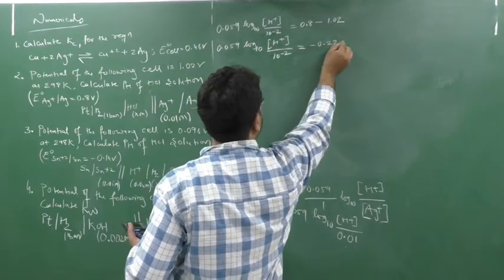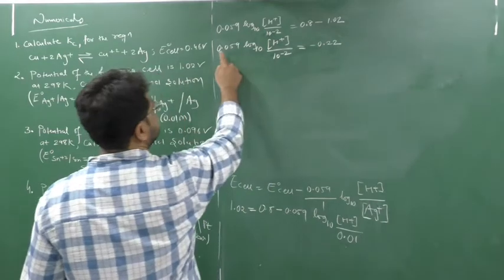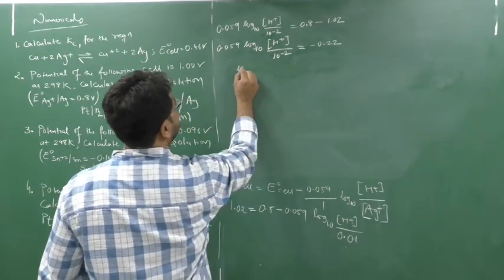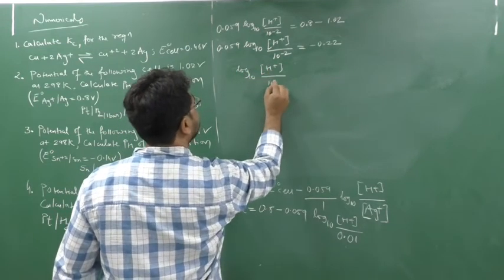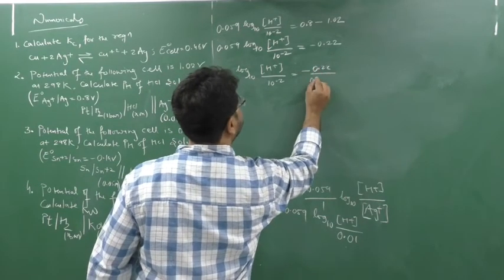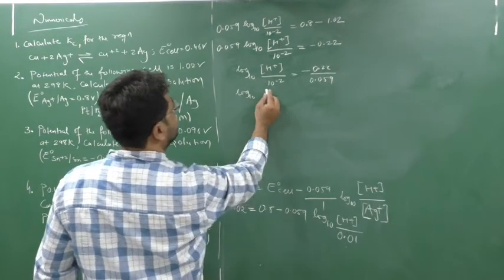Minus 0.22. Now, because this 0.059 is multiplied here, I will divide by this number. So I get log to the base 10 of the concentration of H plus upon 10 to the power minus 2 equals minus 0.22 upon 0.059. Now I will open this also.